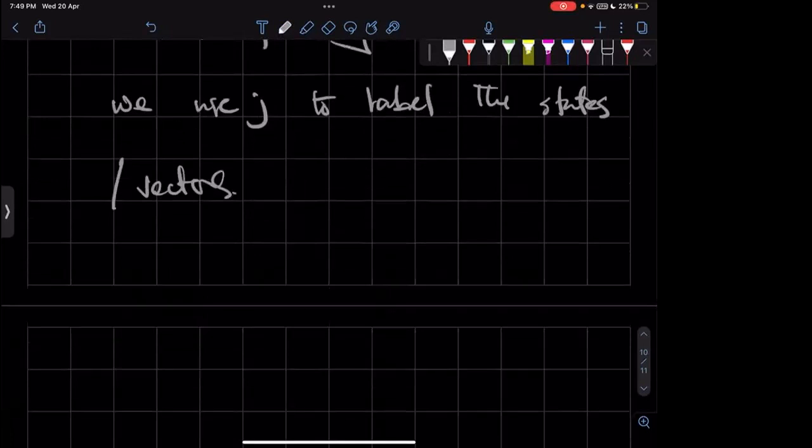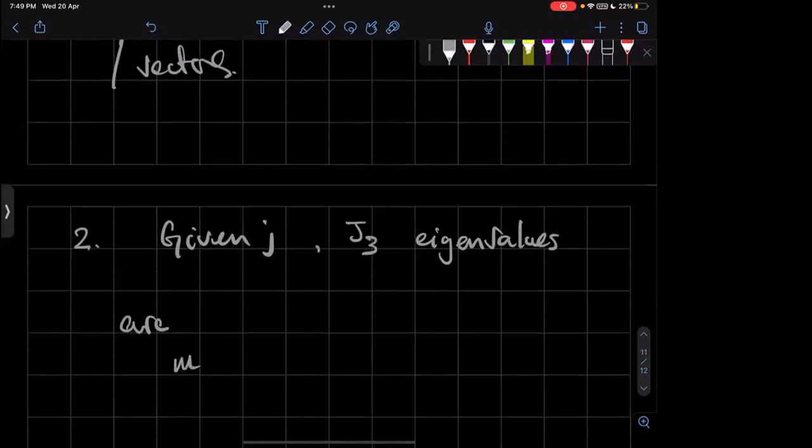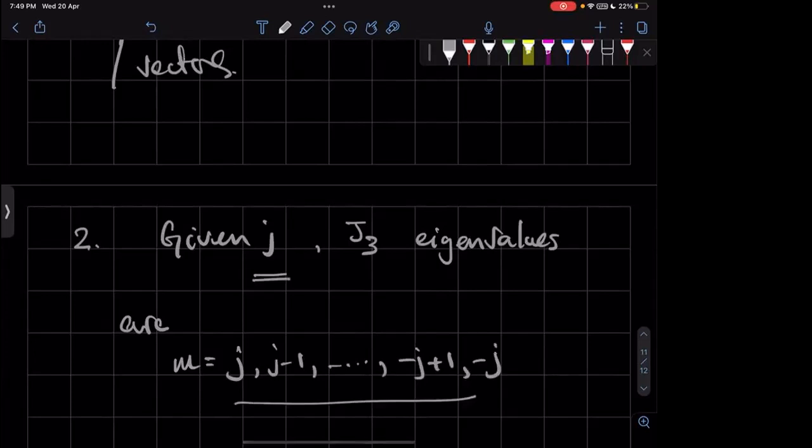Number two is that for a given J, the J3 eigenvalues are J, J minus 1, and so on down to minus J. This list may or may not include 0. If J is an integer, then it will include 0. If J is not an integer, it will not include 0.